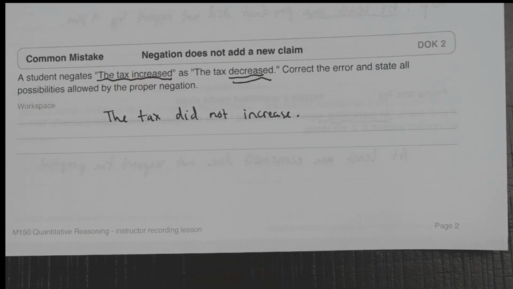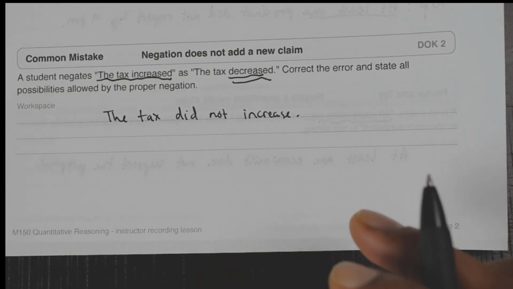The statement includes every possibility in which the original statement is false. So remember, negation does not mean replace the original statement with its opposite extreme. Negation means state exactly what must be true when the original proposition is false.